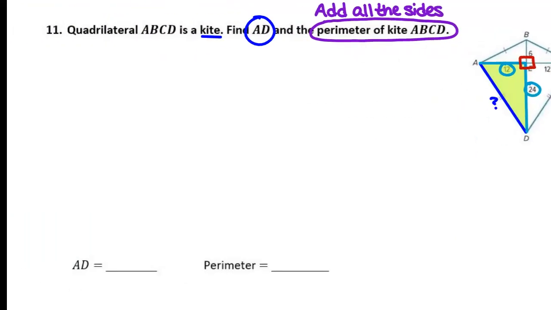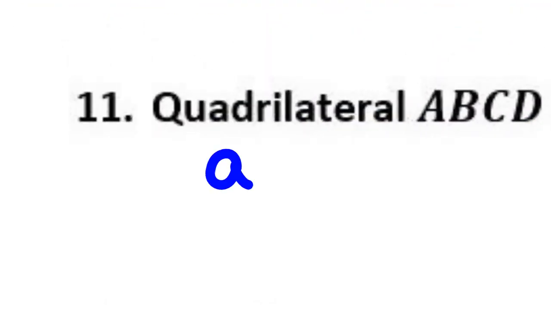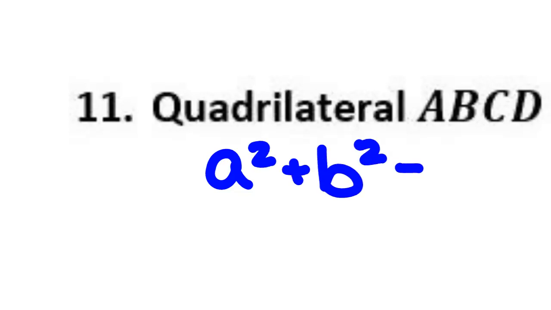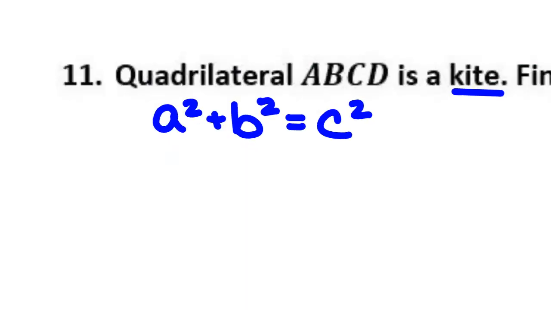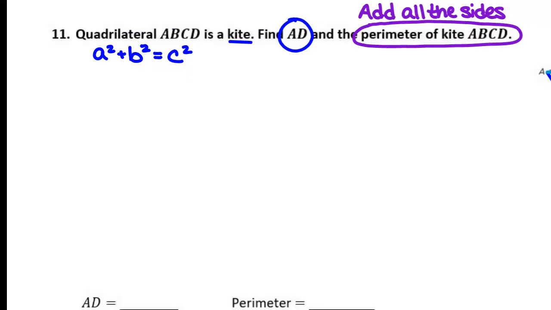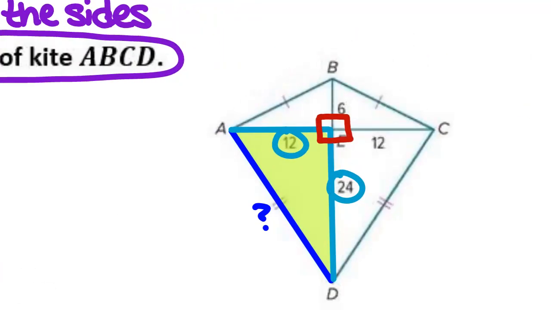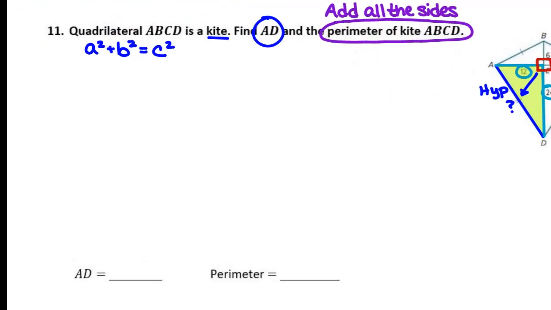Pythagorean theorem, yes. So we can do a squared plus b squared is equal to c squared. The segment that we're looking for, AD, would I put that in for A, B, or C? C. Because the side that I'm looking for here is the hypotenuse.